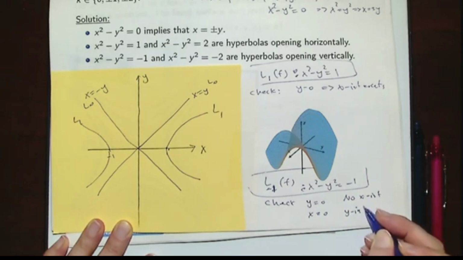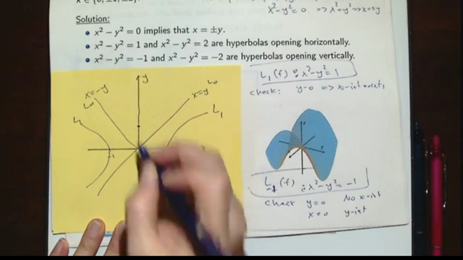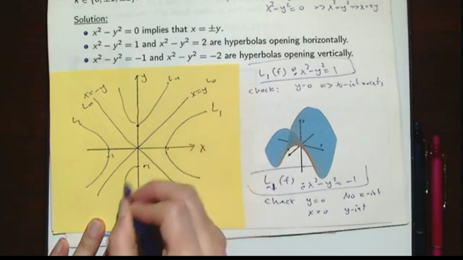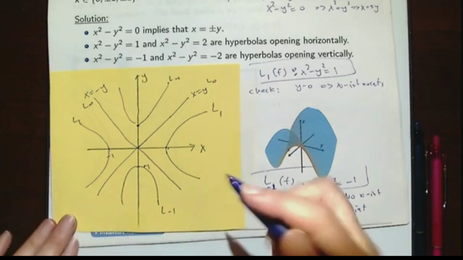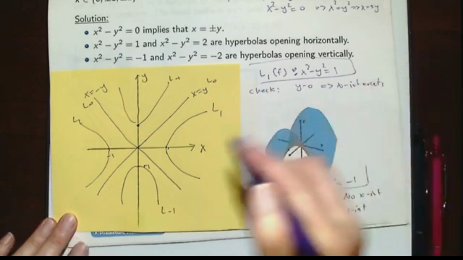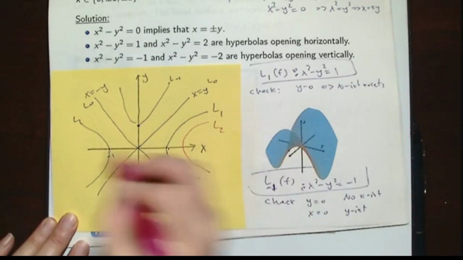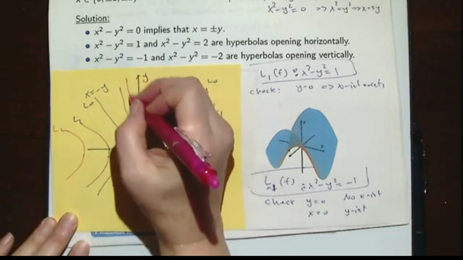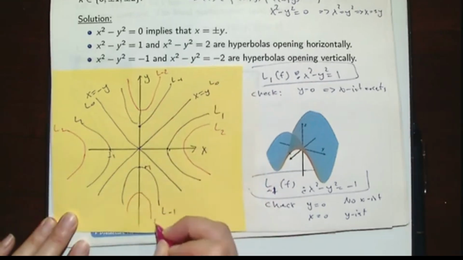Y-intercepts exist, and that's 1 and negative 1. That's L negative 1. I don't need to do all of them. Then L2 is going to be this way, and L negative 2 is going to be this way.